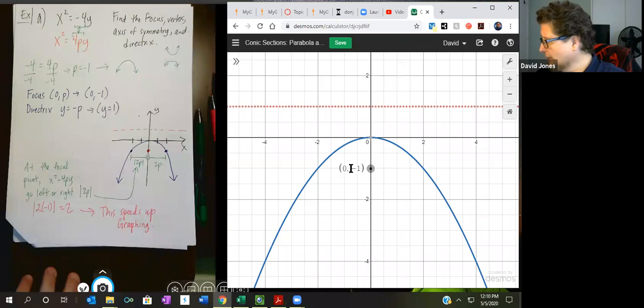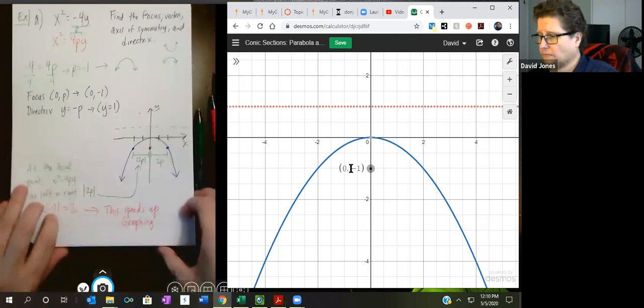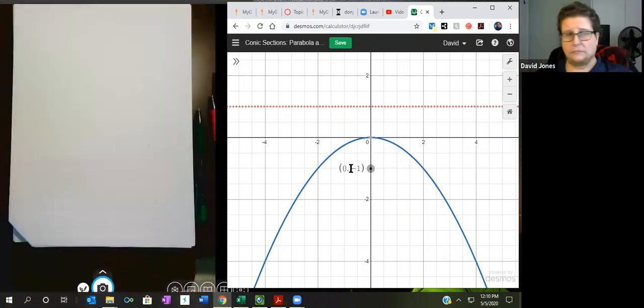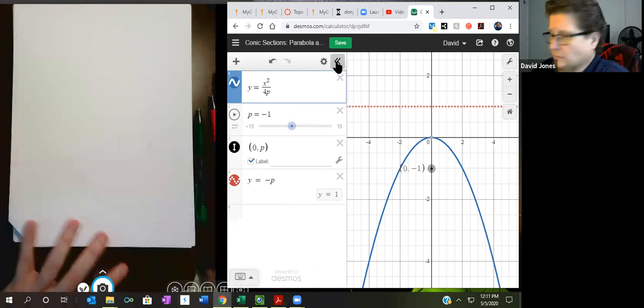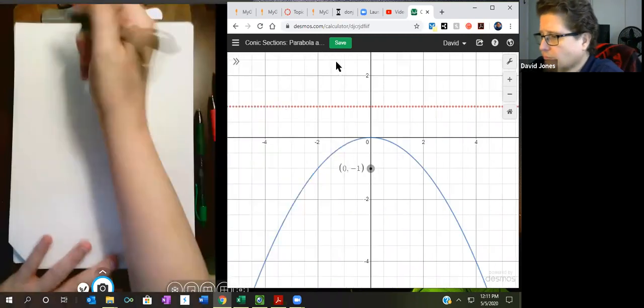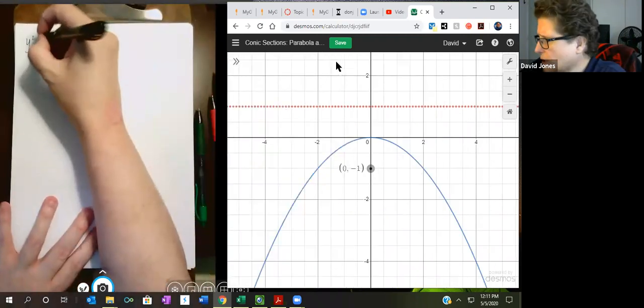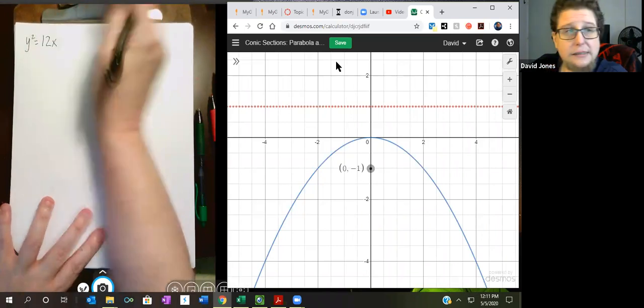So let's take a look at another one. Here we're going to have y squared equals 12x.